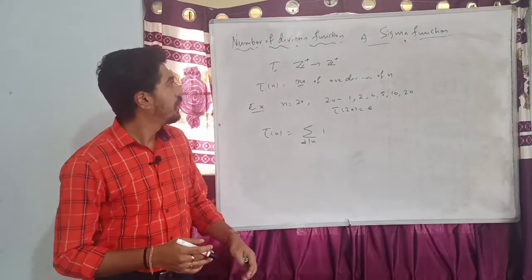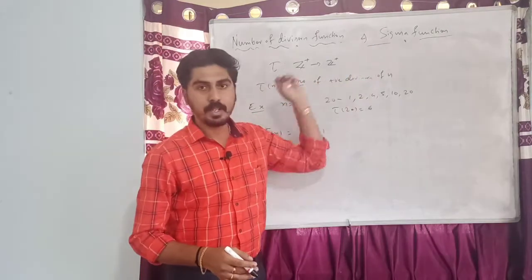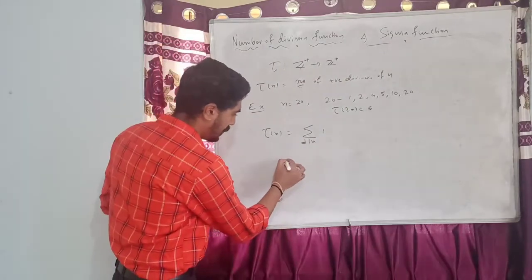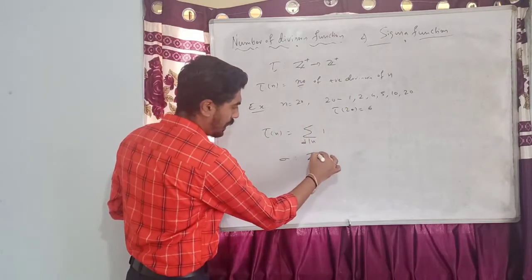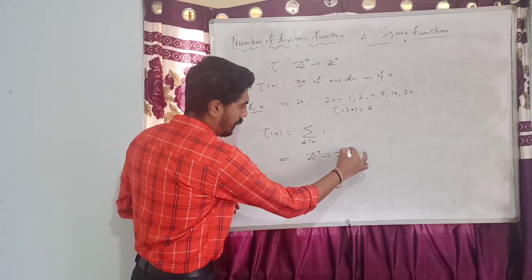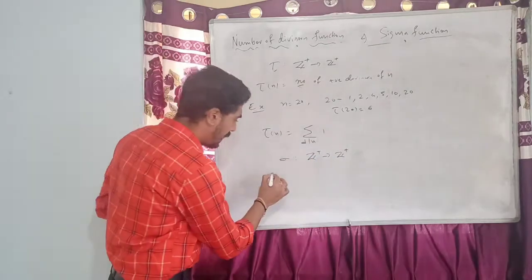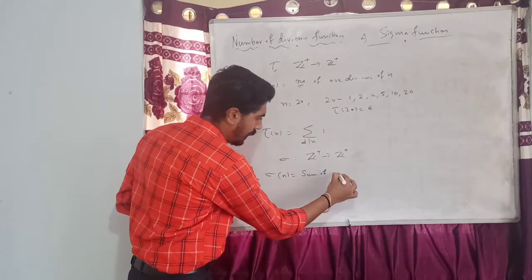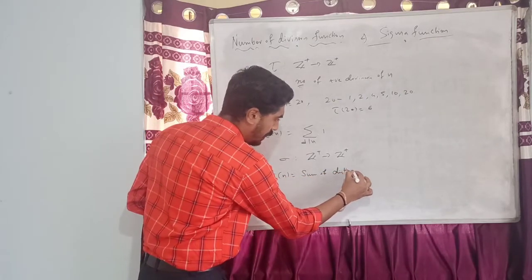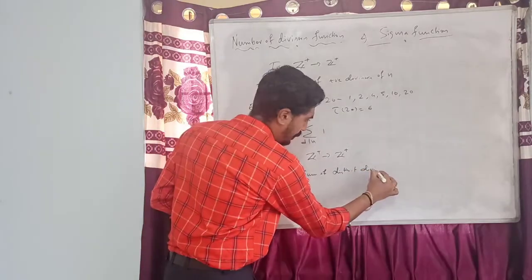Okay. Now the sigma function is denoted by the symbol sigma, is also an arithmetical function from Z plus to Z plus, which is defined by sigma of n is equal to sum of distinct divisors of n.